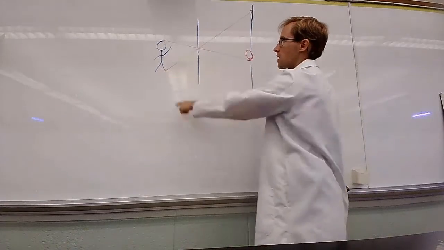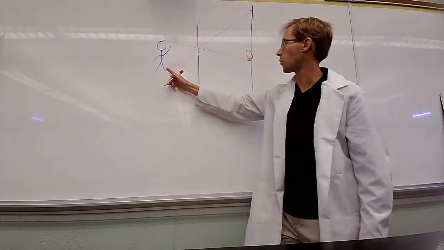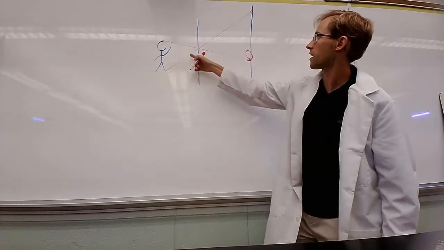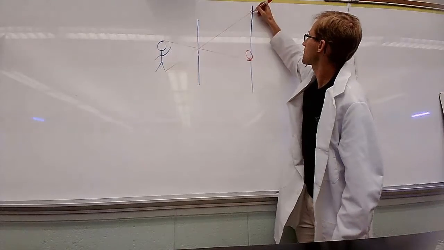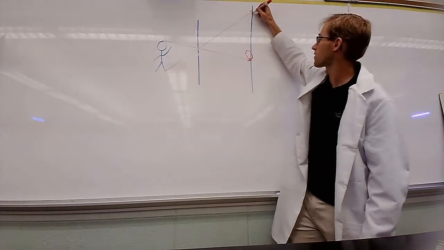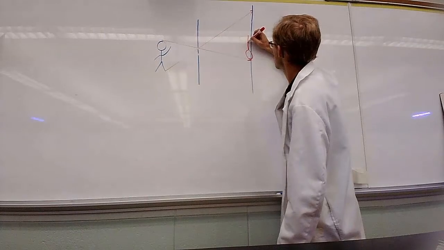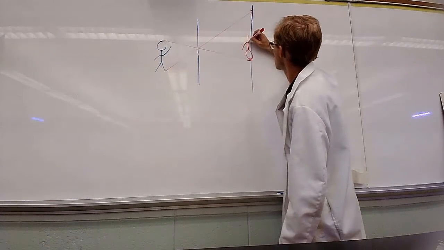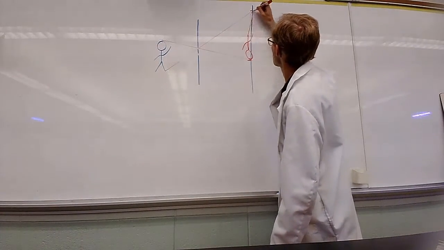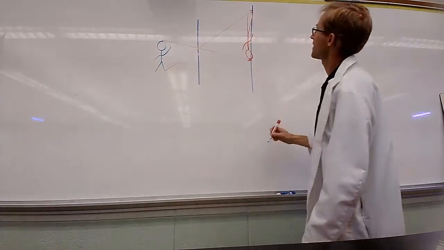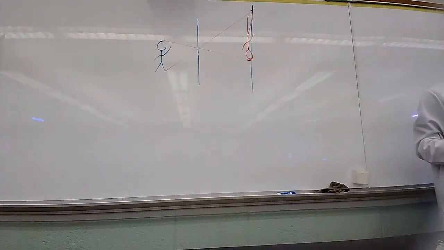They can only take one path to get through that small pinhole. They have to go up at a very large angle, meaning the person's feet are going to be located right here. Man, not quite drawn to scale, but you get the idea.